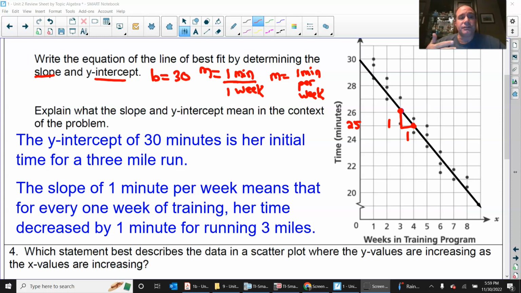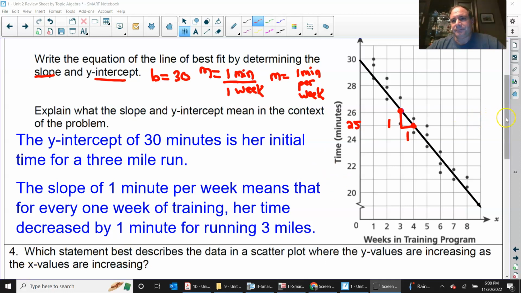So the slope of 1 minute per week means that every week that she's in training, her time decreases by a minute for running those 3 miles. So every week she's in, it decreases another minute. It decreases another minute. And as the weeks go on, that's exactly what I found.